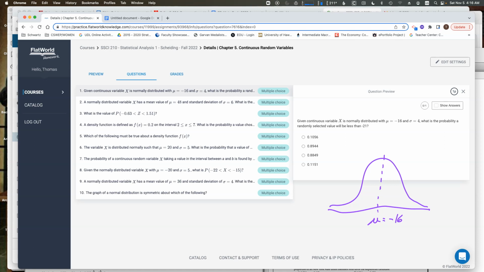Now, what we know is that -21, which would be right here, is 1.25 standard deviations away. How do I know that? Because the standard deviation here is 4. So if it was -4, that would take me from -16 to -20. And then an additional 1 is 0.25 of a standard deviation. So this is 1.25 standard deviations.